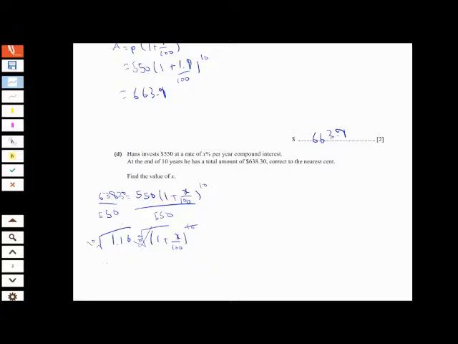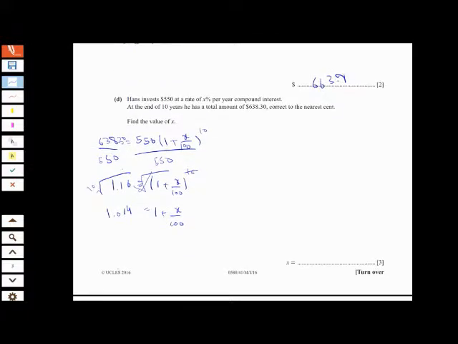It's going to be 1.014 equals 1 plus X over 100. Take that 1 to the other side. You will be left with 0.014 equals X over 100. Multiply, and you'll get X equals 1.4. Okay.